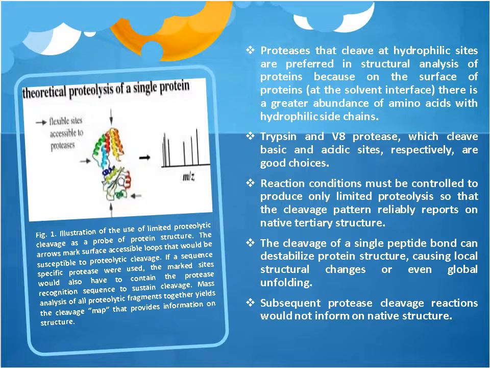All the reaction conditions must be controlled in order to produce only limited proteolysis so that the cleavage pattern reliably reports on native tertiary structure. The cleavage of a single peptide bond can destabilize the protein, causing local structural changes or even global unfolding, whereas the subsequent protease cleavage reactions would not inform on native structure.